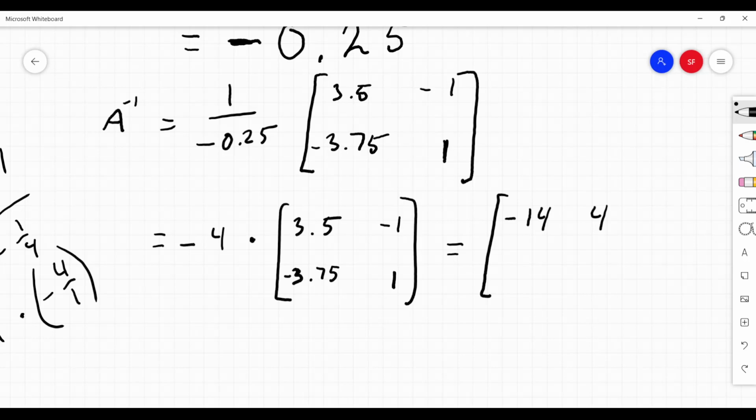Three and 3/4 would be 15 fourths. So positive 15? Yes. For the second one. And then this would be negative 4.